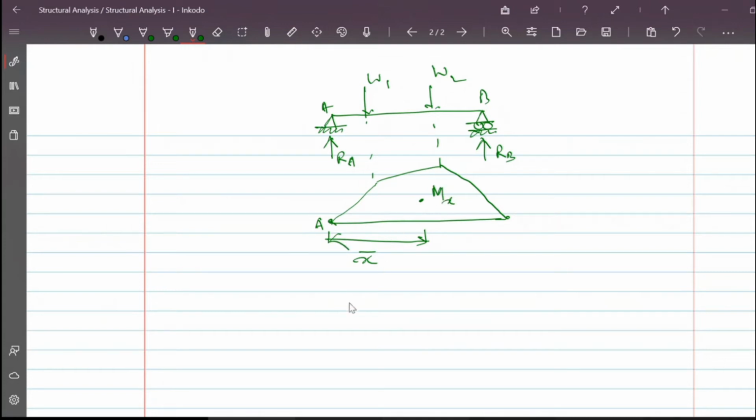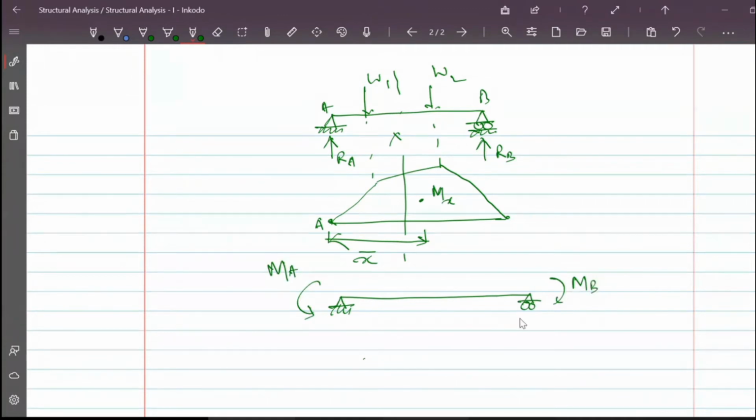And this is a section X. Another one is again a simply supported beam, and here I have the fixed end moments MA, MB.